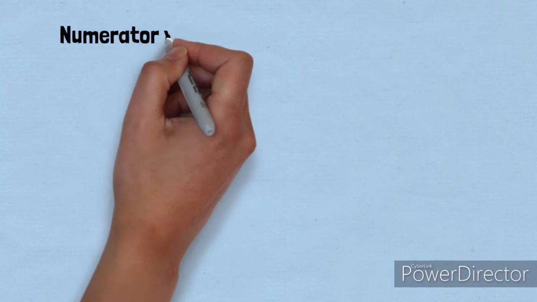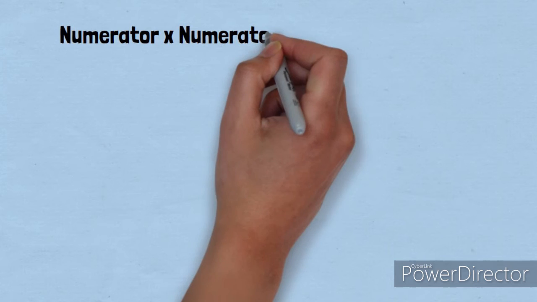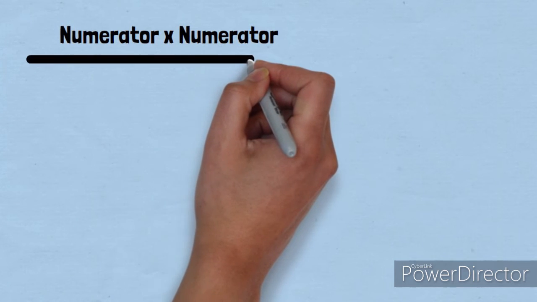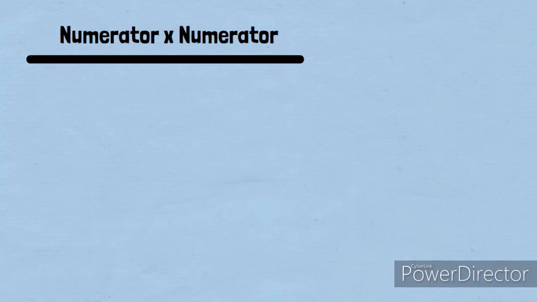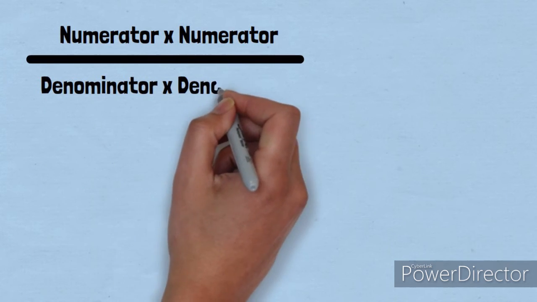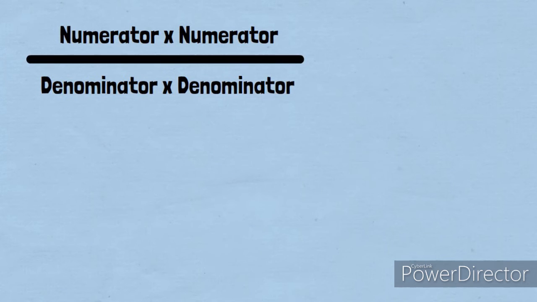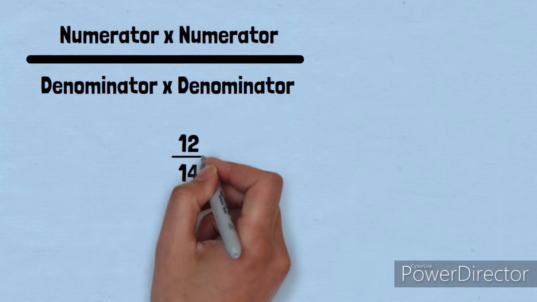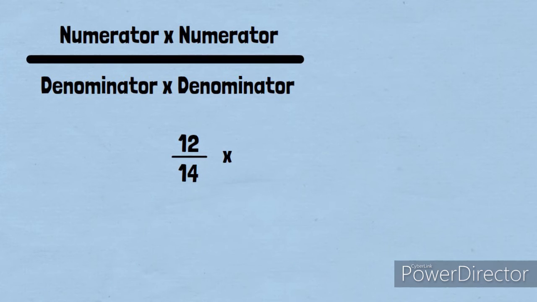Let's look at another example for fraction multiplication. Remember, you have to multiply across, so that's numerator times numerator over denominator times denominator. Let's look at 12/14 times 16/21.